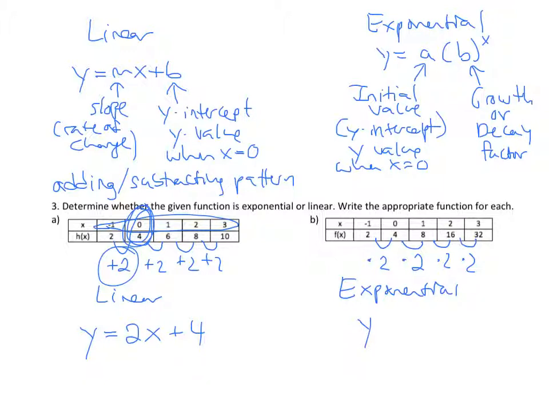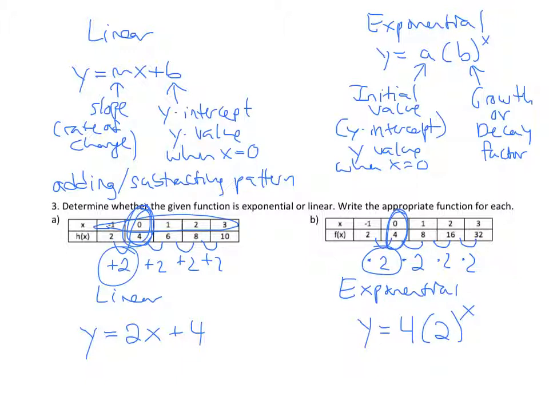The a value is going to be the initial value or the y value when x equals 0. So it's the y-intercept, which in this case is 4. And then this is a growing or an increasing relationship, so the growth factor is going to be that number I multiply by from one to the next, which is 2. So 4 times 2 to the x power is what we get.